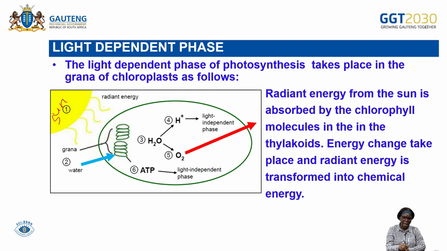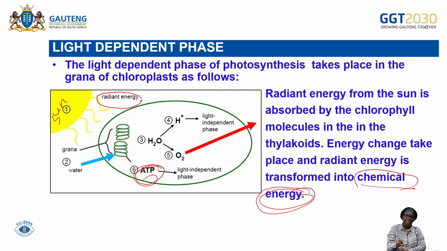Then what will happen with the radiant energy? The radiant energy will be highly energized, and it will do what? It will be highly energized, and it will change into chemical energy. Let me repeat. From the sun, we'll get radiant energy.